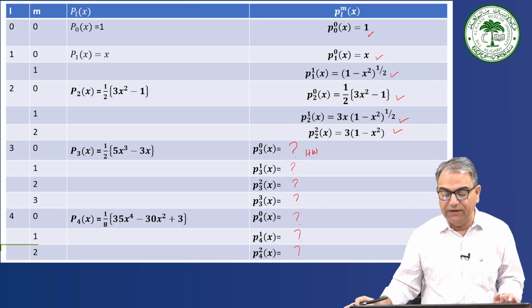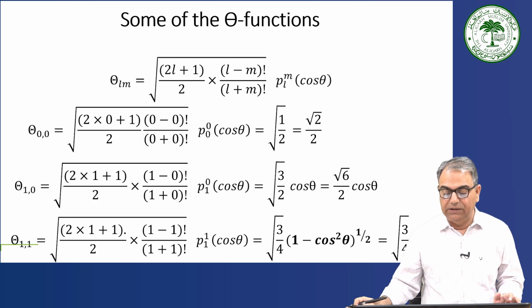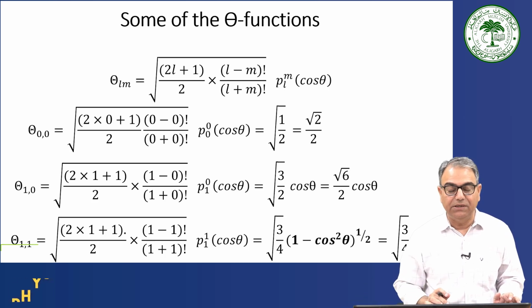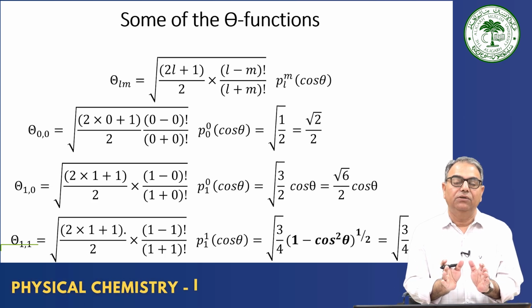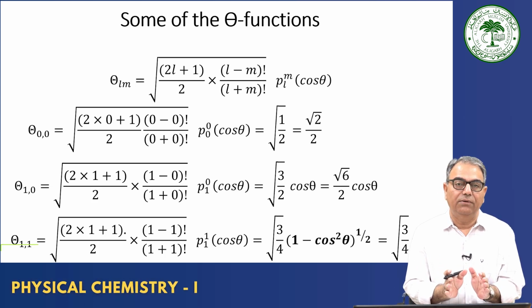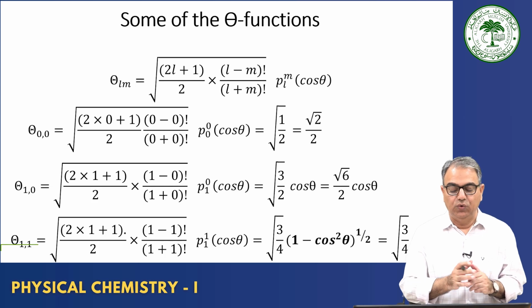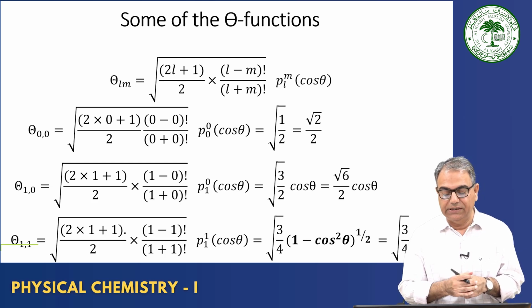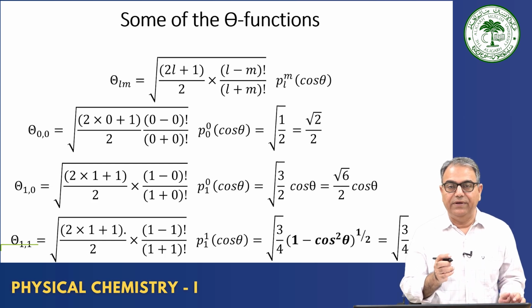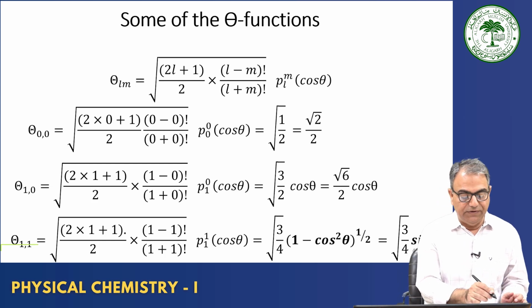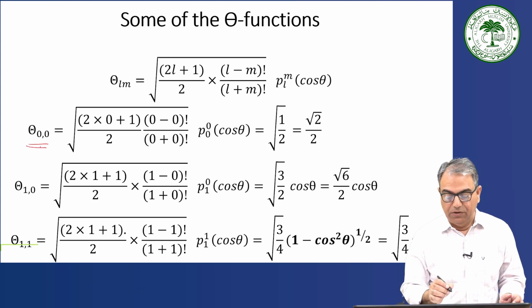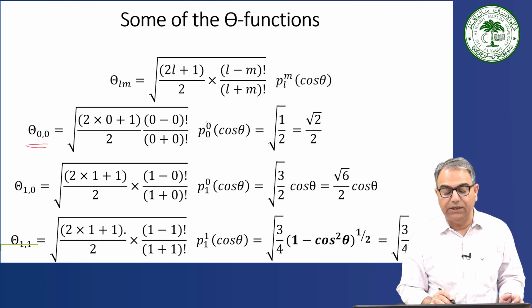But now once you have these values of the theta equation, then you have the theta functions known. Okay, so you have PLMx now, and the only part left is your normalization constant, which is the square root of (2l plus 1) divided by 2, times (l minus m) factorial over (l plus m) factorial. Okay, so if l is equal to 0 and m is equal to 0, we write theta 0 0, and so you will have P00 cos theta.